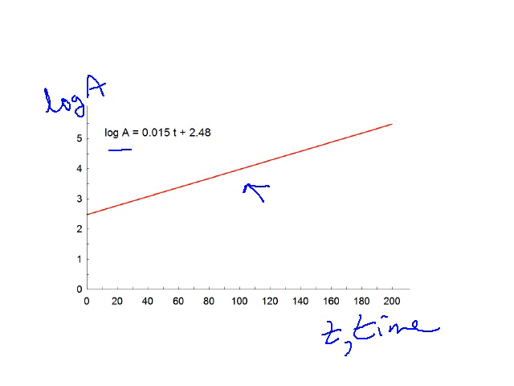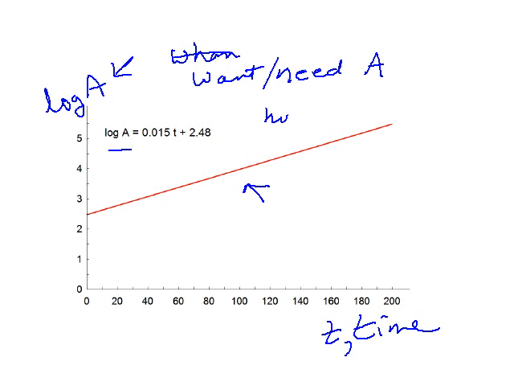There's one problem though. Over here, I have the log of A, but I want or need A itself, not the log of A. So although I can draw this nice graph, once I get done with it, I have to go back.